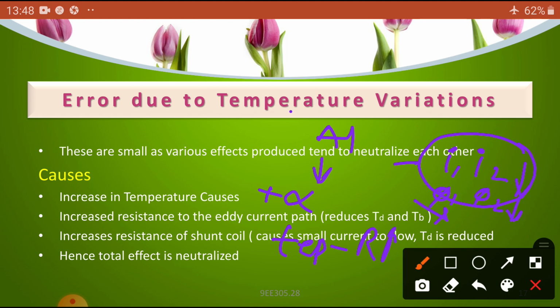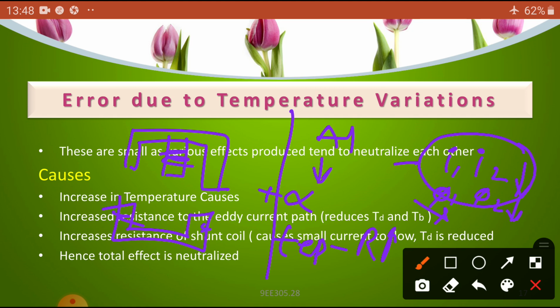That is the first case. And in the second case, what will happen? Our magnets also. The upper magnet, the shunt field magnet, has a winding, and this winding also has a winding. If the temperature increases, this temperature and this temperature also increase. The copper coil is also a conductor, and it is also dependent on the temperature.